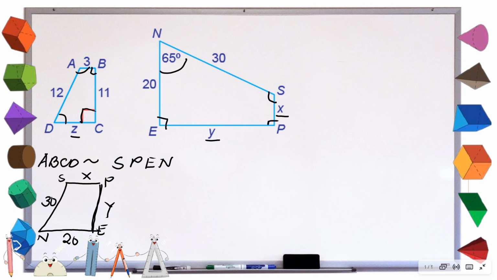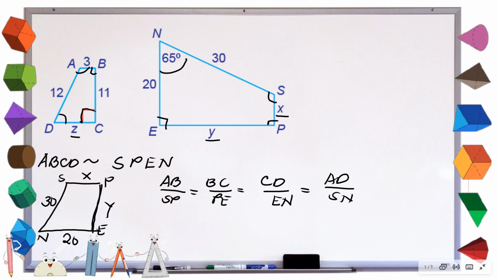So since you already have the similar polygons, we can identify the proportional parts. So we have your AB over SP, BC over PE, then you have your CD over EN, and your AD over SN. So let's identify the parts.